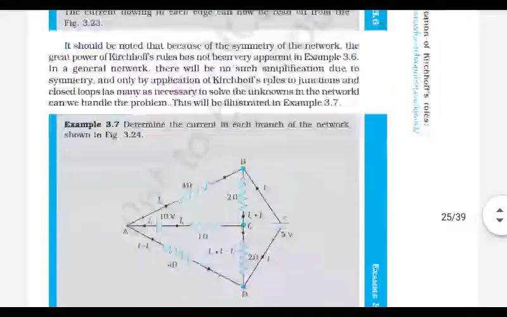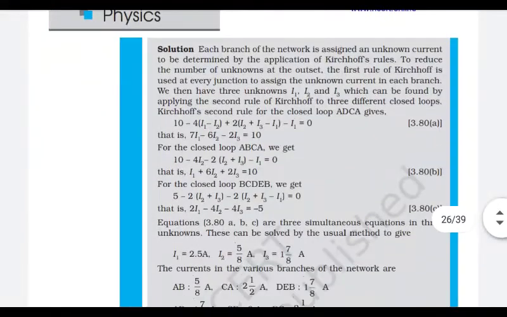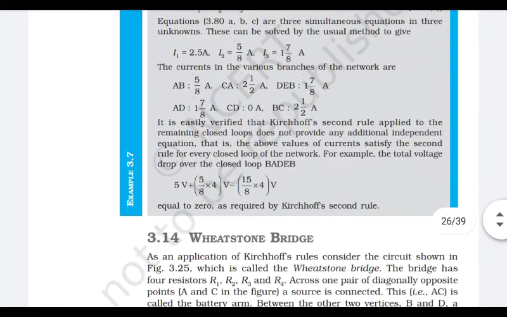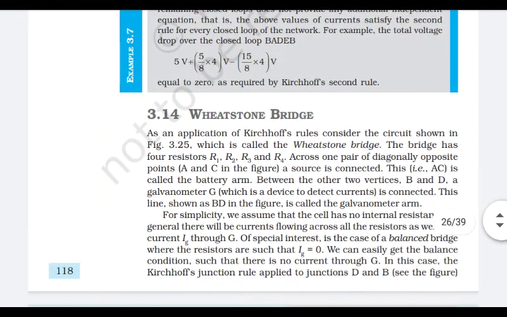The next important thing, you can see your board also to look at the problems. Later on I will post a problem for assignment.